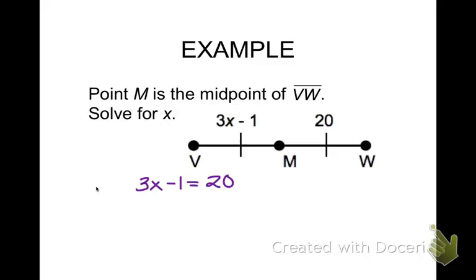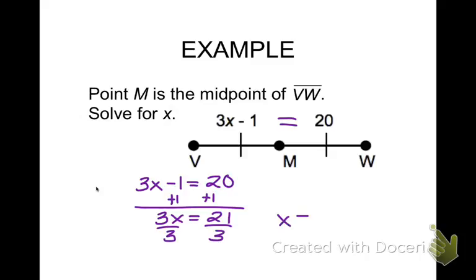So ultimately what you're doing is you're just equaling the left to the right. So add your 1 over. So plus 1 to both sides. 3x equals 21. Next move would be to divide out the 3. So x is equal to 7.